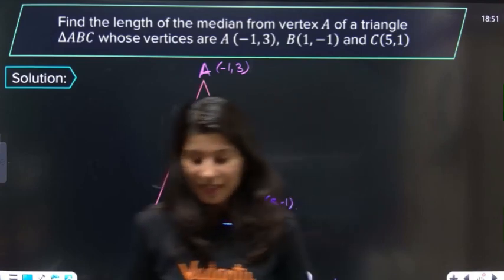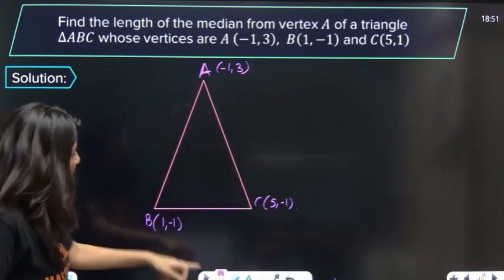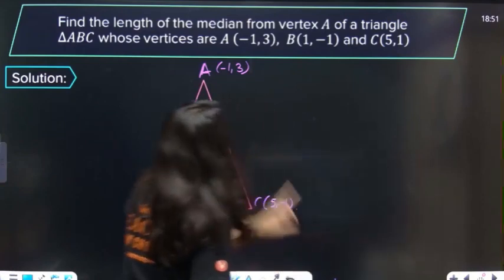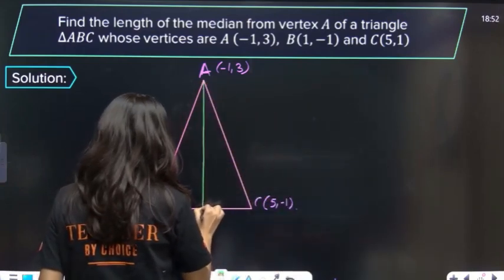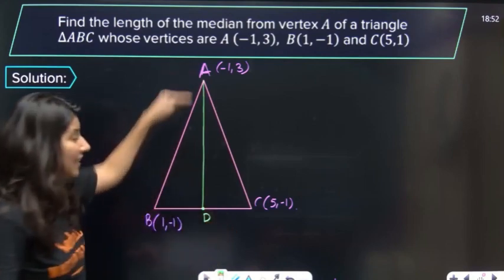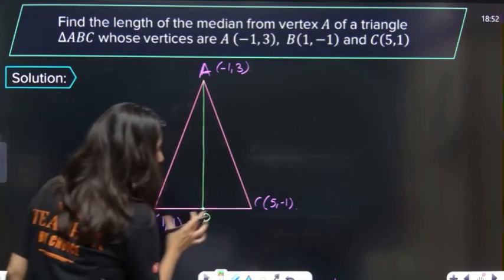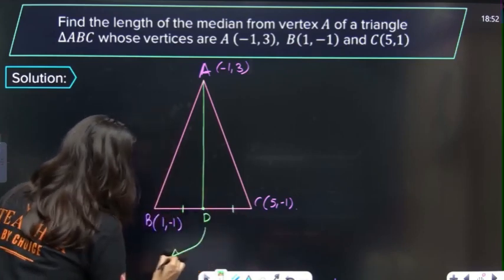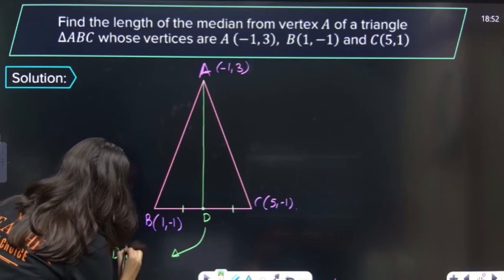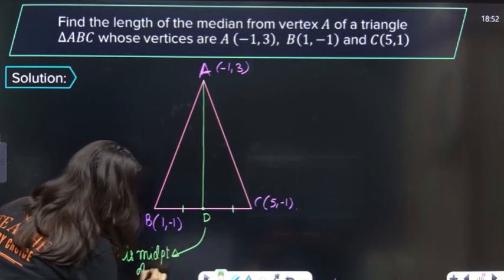Now, as per this question, what are they asking? Find the length of the median from vertex A. So from vertex A, let me draw a median. What is a median? Median AD will bisect the base. That means BD and DC will be equal, so D is the midpoint of BC.